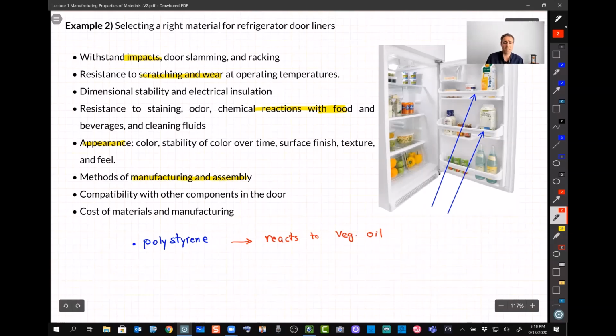And if there is a slight vegetable oil, it's going to crack. So that's why nowadays people use ABS, which again, shortly we'll discuss. That's a different type of plastic. And ABS is a successful candidate for this certain application.